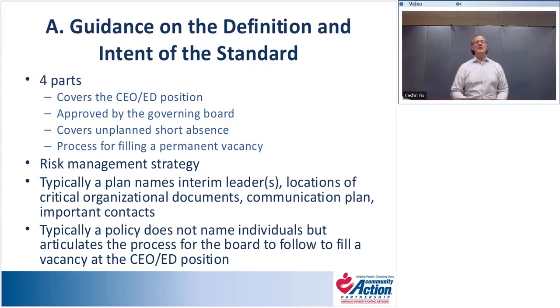So again, typically for that shorter term absence, there would usually be a name or 2 associated with that. It's important there be continuity in the case of that unplanned absence, but for that longer term or to fill a permanent vacancy, you typically do not name a replacement person. But again, a helpful background explaining why it's important to have a succession plan in place.